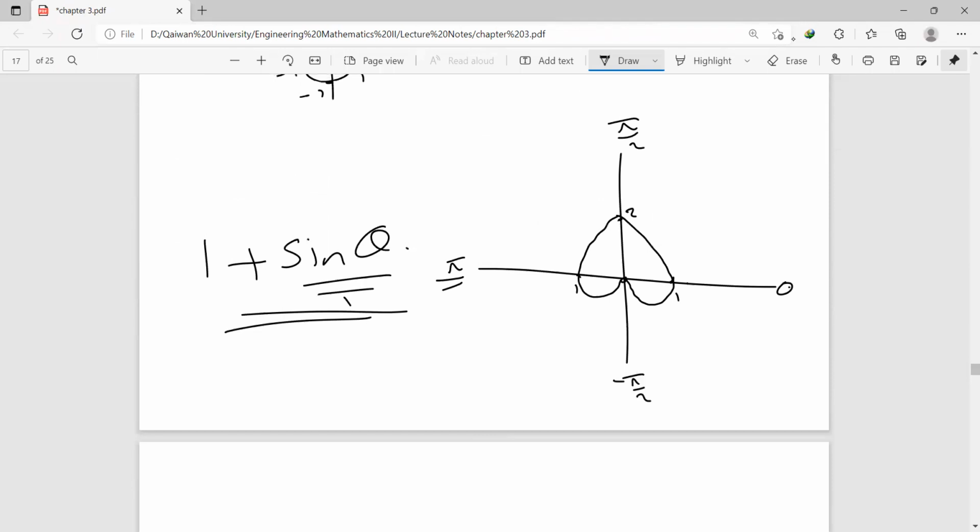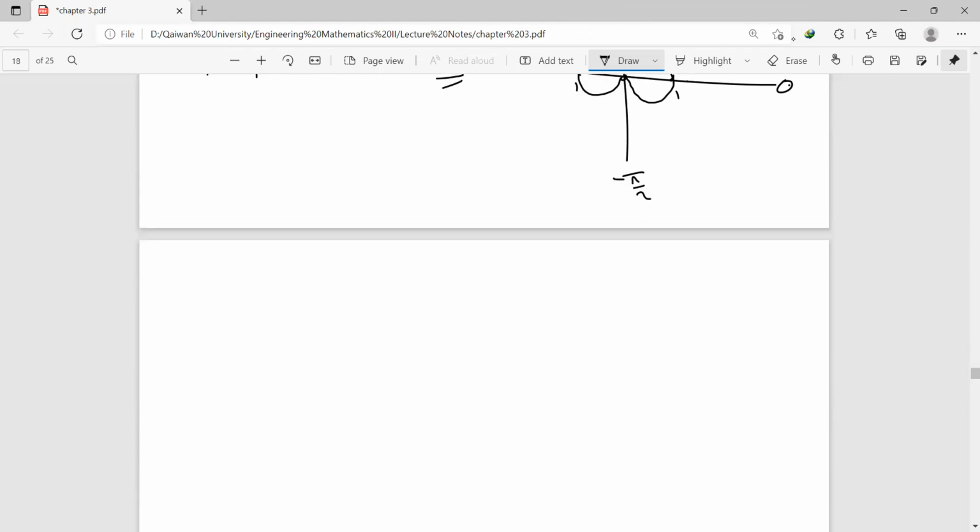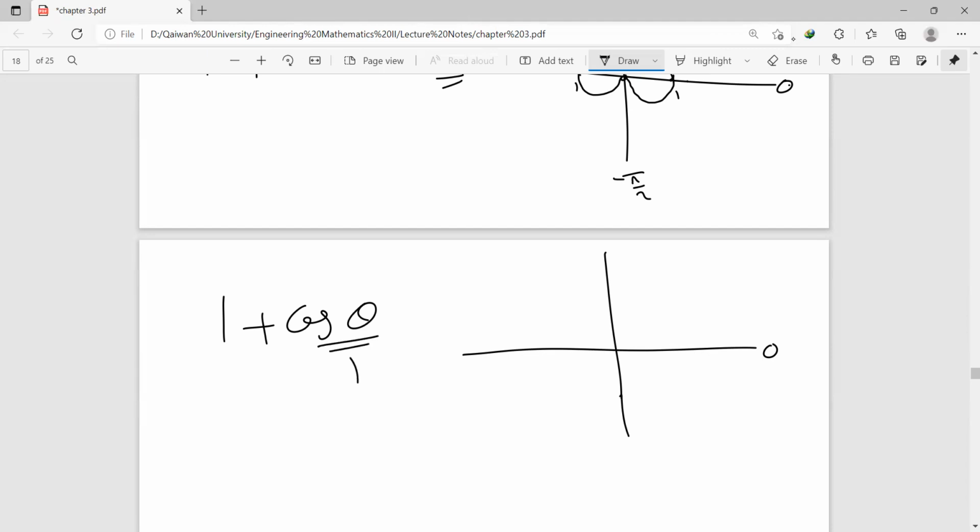At minus pi over 2, we get 0 here. Look, at 0, we get 1 here. 1 plus 1 is 2. So it's 2.